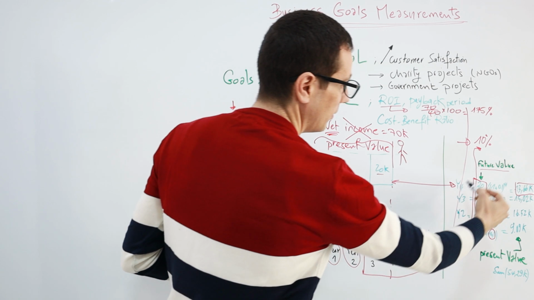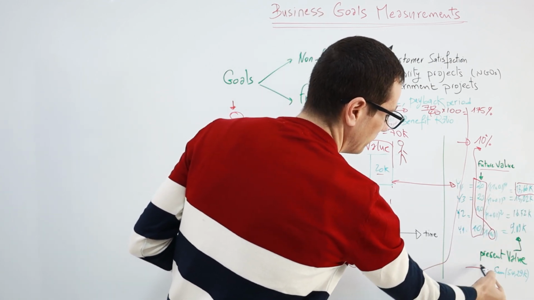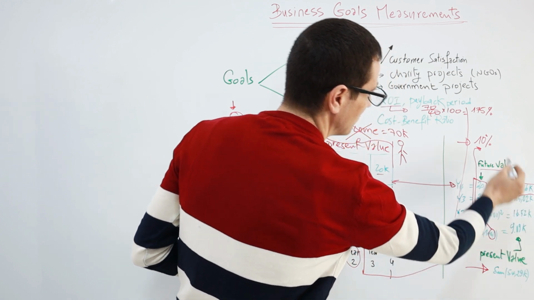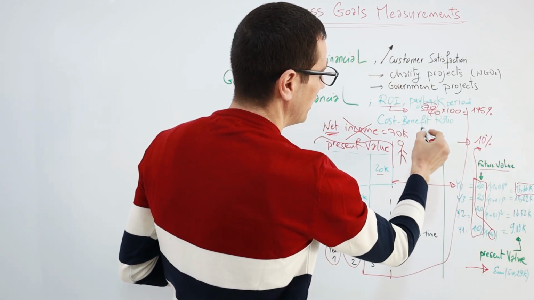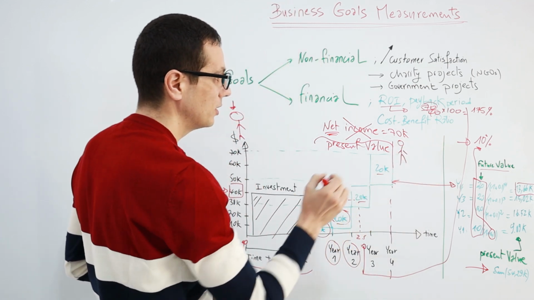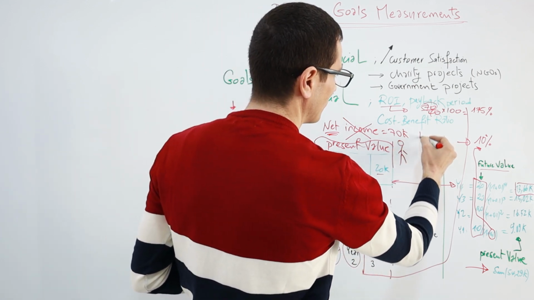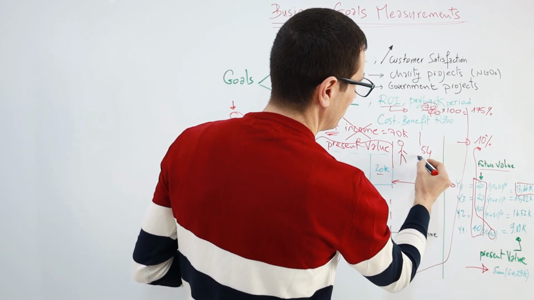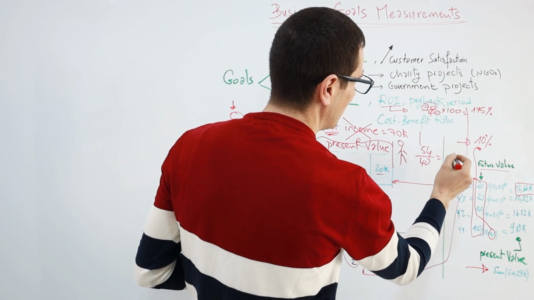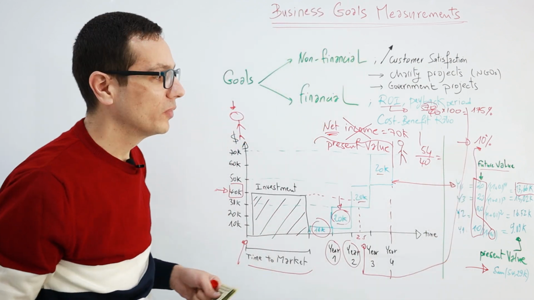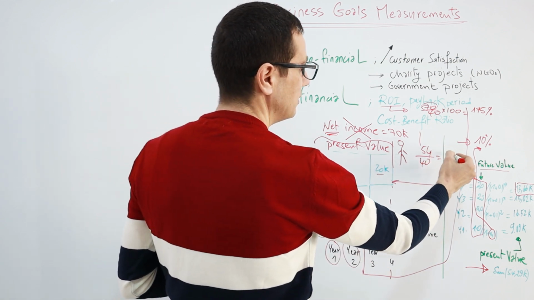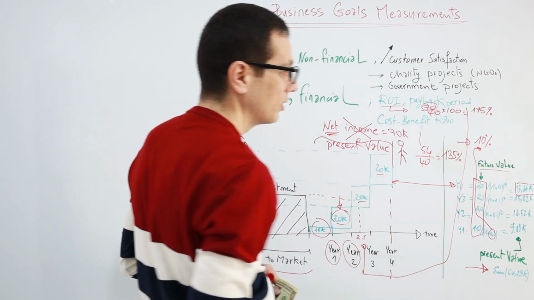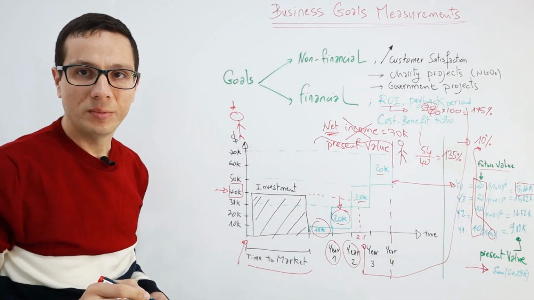The sum of this will become 54K instead of 70K, and the cost benefit analysis will be this one multiplied by 40, and I already did the calculation and found that it is 135%.